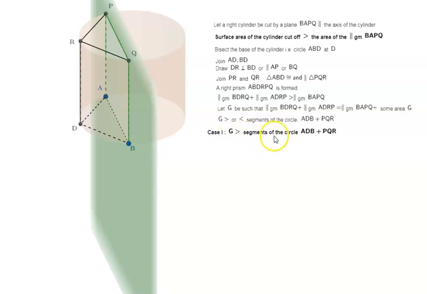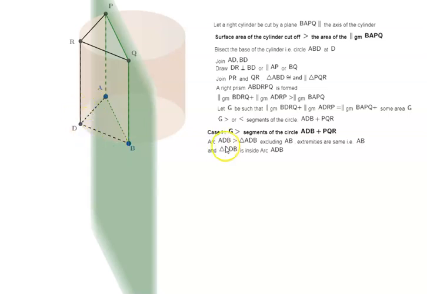Let G be greater than the segments of the circle ADB plus PQR. Arc ADB is greater than the triangle ADB because both arc and the triangle have the same extremities, that is the line AB, and the triangle ADB is inside the arc ADB.